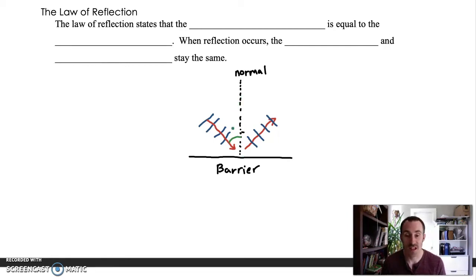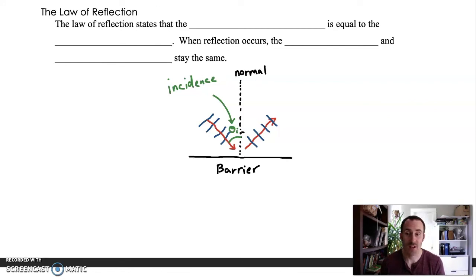So this angle over here would be called theta I. Sometimes we change that to theta 1 and theta 2, because later on when we talk about refraction, not reflection, but refraction, we're going to use very similar variables, and we don't want to get confused. But this is the angle of incidence. I'm going to write down that word so you can see what it looks like. Incidence. That means incoming. You can think of it that way.